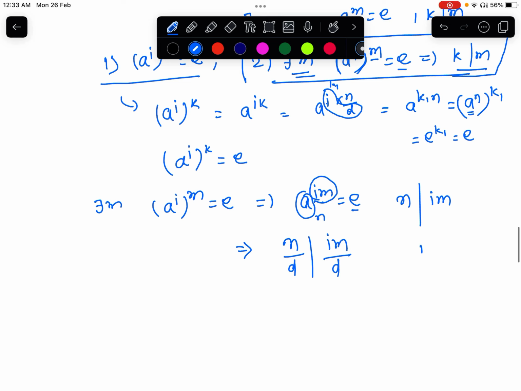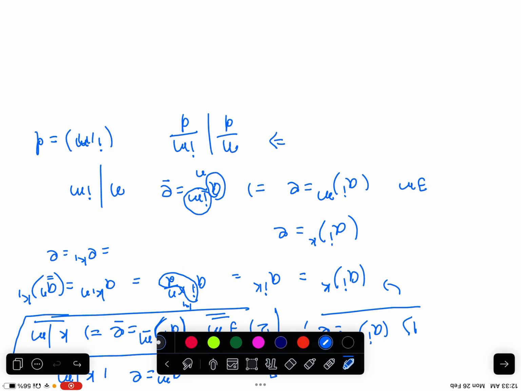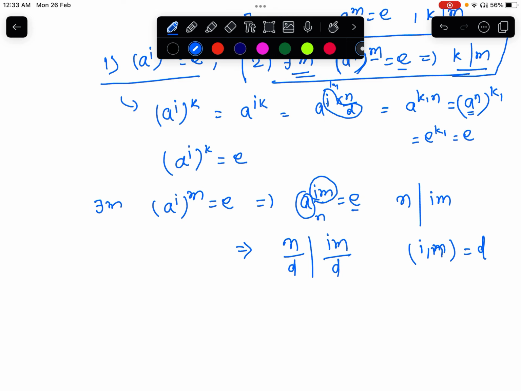And since we already assumed that GCD of I and n is equal to d, that means GCD of I by d and n by d is equal to 1. That means n by d and I by d are relatively prime. That means these two cannot have a common factor.